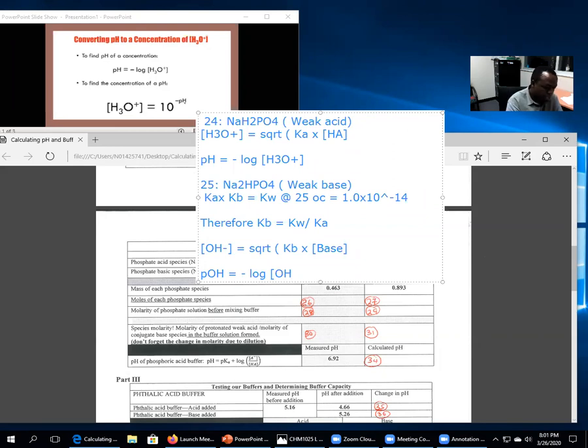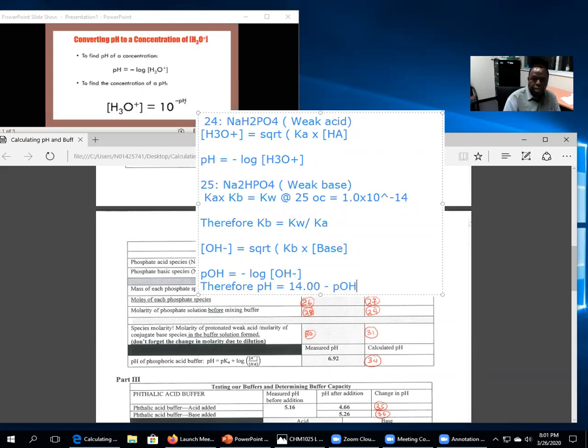You know the hydroxide concentration right now. Therefore, the pH of the solution is obtained by subtracting pOH from 14, that is 14 minus pOH.